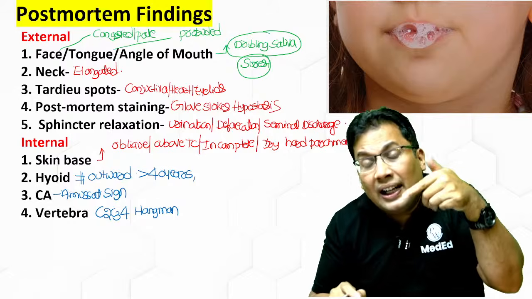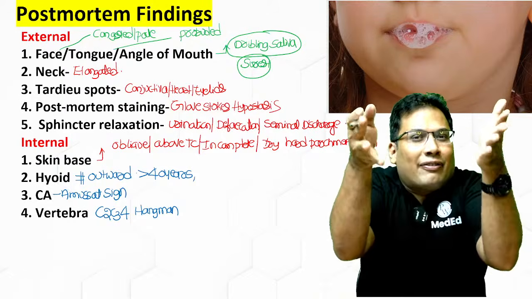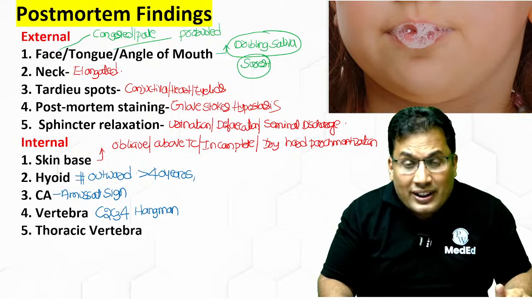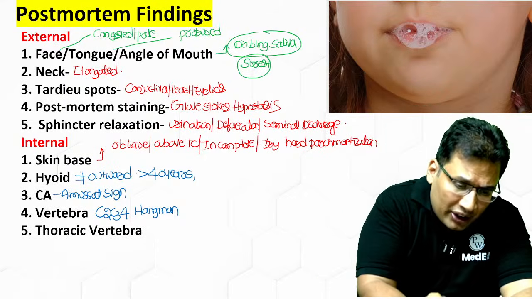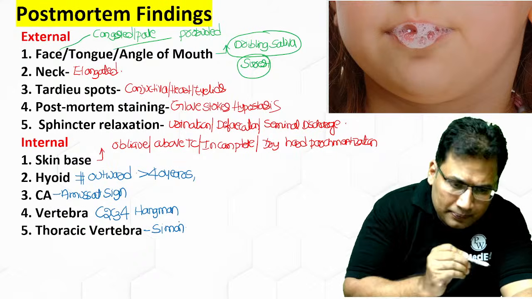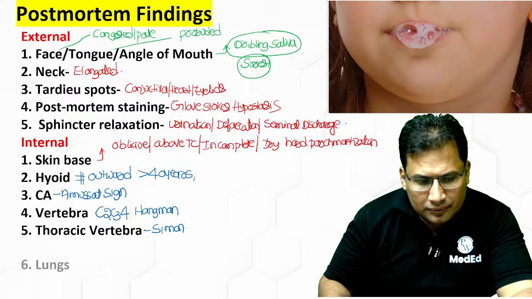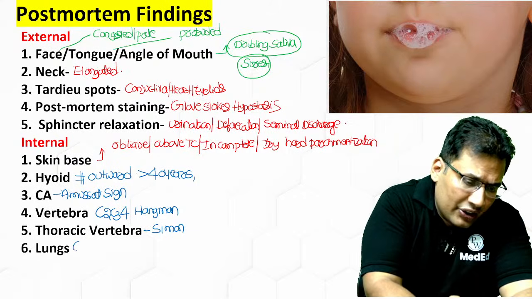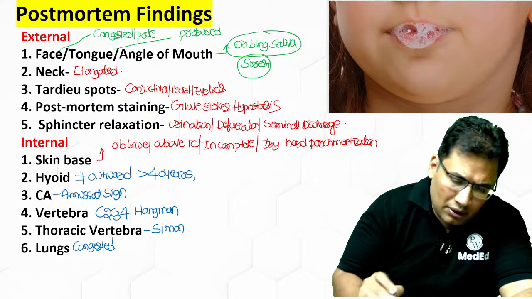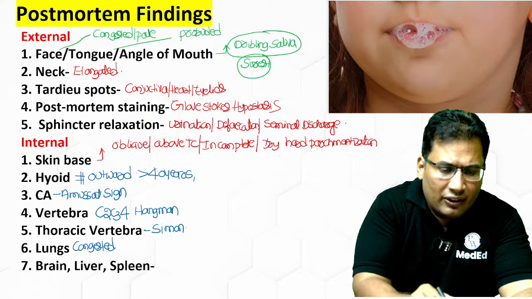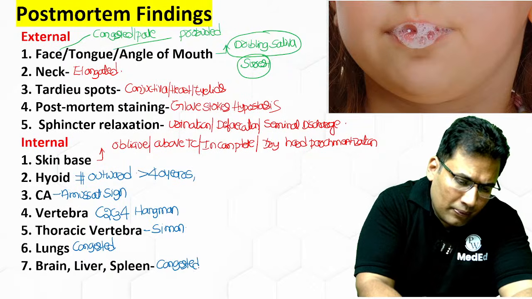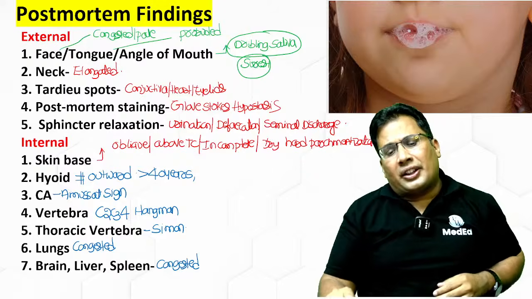Try to memorize undertaker fracture, that is C7 fracture. In the thoracic vertebra there can be hemorrhages, known as Simon's hemorrhages. Lungs are congested, brain congested, liver congested. Most of the organs are congested.